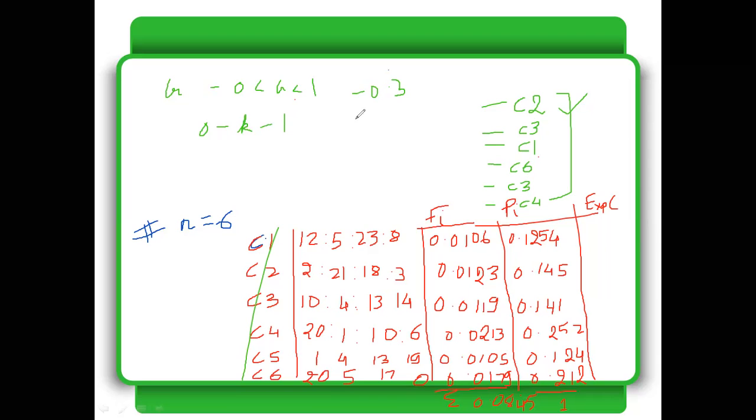If that number is less than or equal to CR, then it is selected as a parent, otherwise not. Basically, when I say crossover rate, it means how many individuals in the population are going to participate in the crossover operation. So that is why it is used like this. Okay.